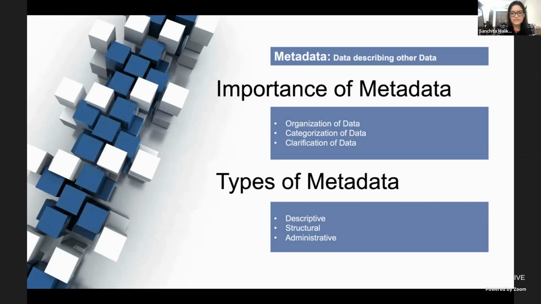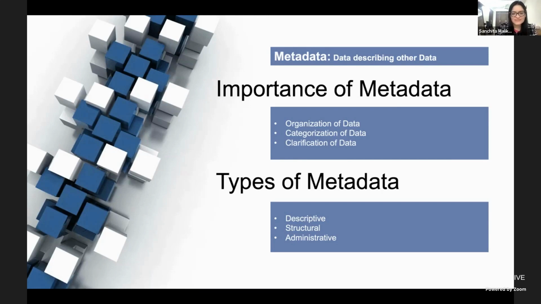Structural metadata, as the name suggests, is used to show how digital assets are organized, such as pages in an ebook or images in a brochure. Administrative metadata includes the file type, usage rights, and who the owner is, which is the most important information for any effective DAM.